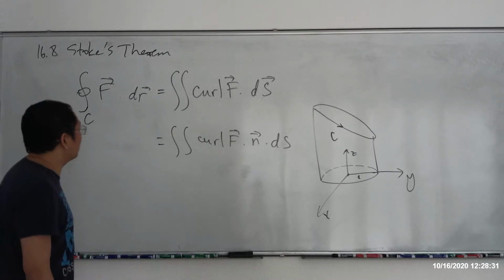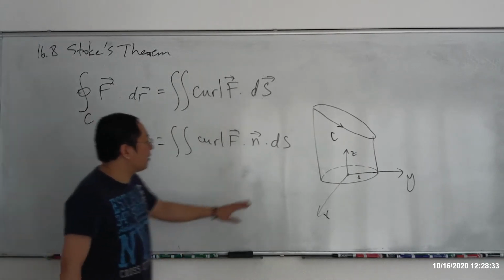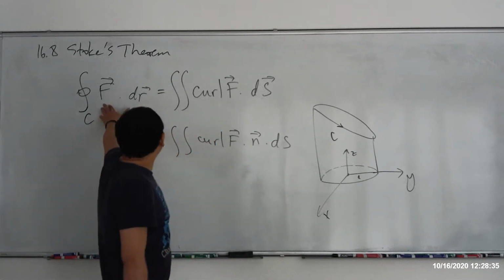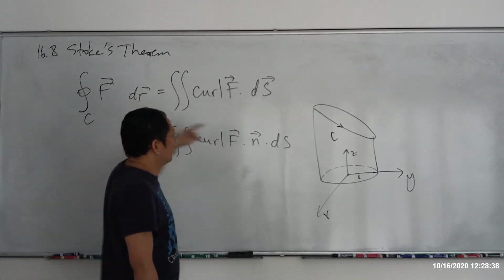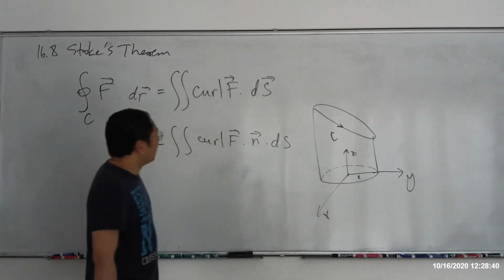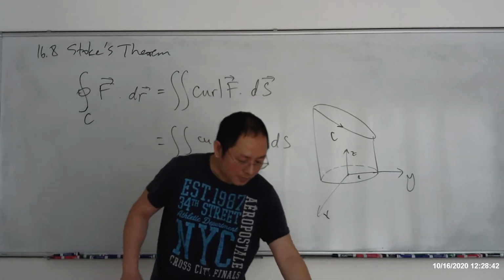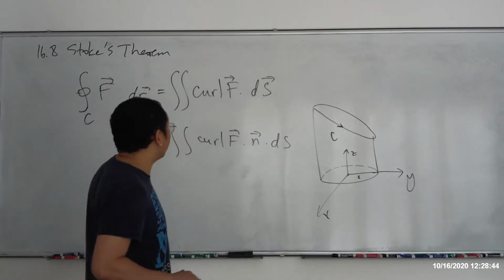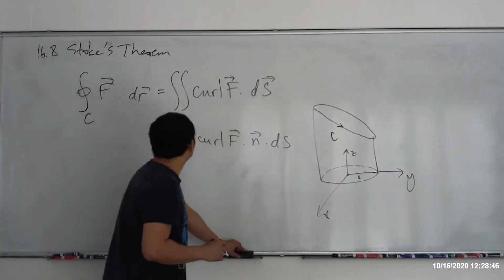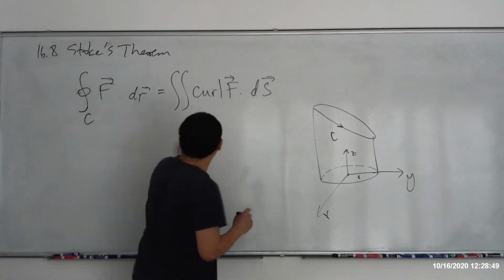All right, so how do we apply the Stokes theorem to calculate the integral of F dot dr on the curve C? The curve C is this. Okay, so let's do it. I erased it, so let's rewrite it here.